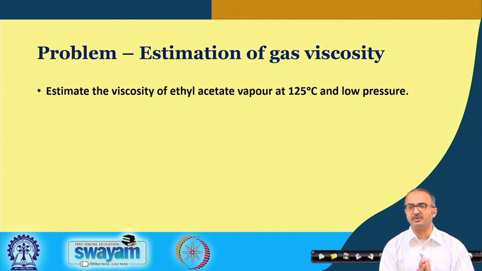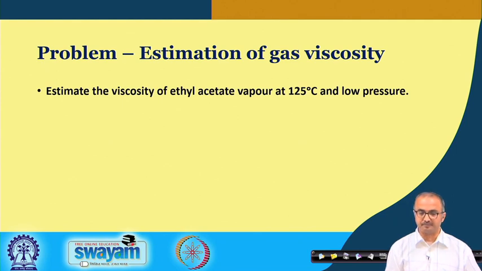So, we are not really bothered about the exact value of the pressure, because you will find that for low pressure or this kind of medium pressure we have some correlations which may be independent of the pressure. Okay. So, that is why the pressure has not been mentioned here.